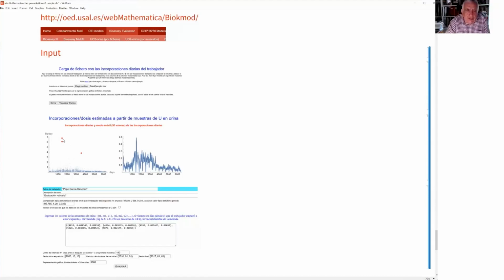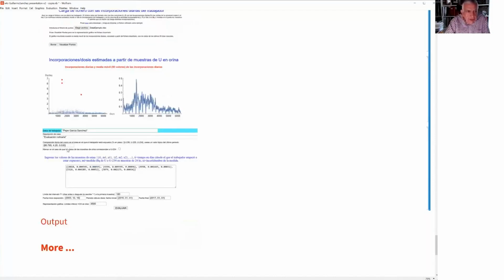Here are represented the 3 highest values, and here is represented the moving average for the last 50 values. Here you introduce the isotope composition, also the urine sample data, and other information, like the period that we need. And now you only need to evaluate.